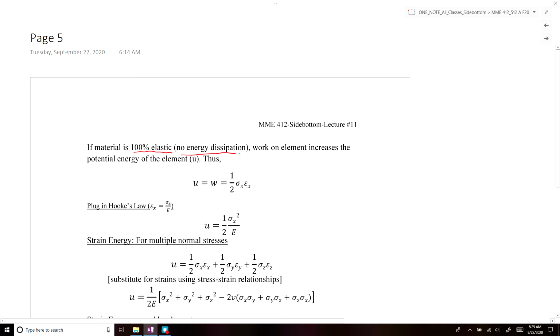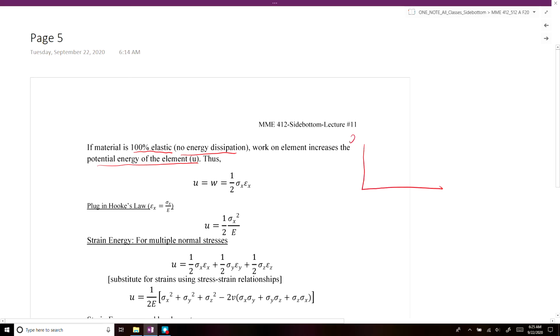The work on the element increases the potential energy of the element, U. What we mean here is, if we look at our stress-strain curve for a material, in this region here, if you let go of your stress, it would return back to the original state. There'd be no remaining strain in the material. So this is our elastic region.